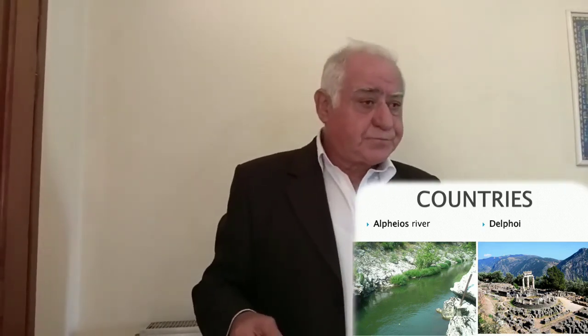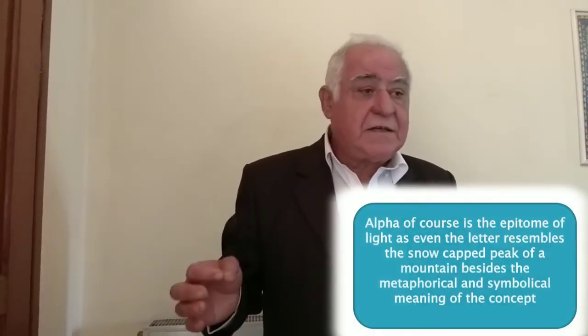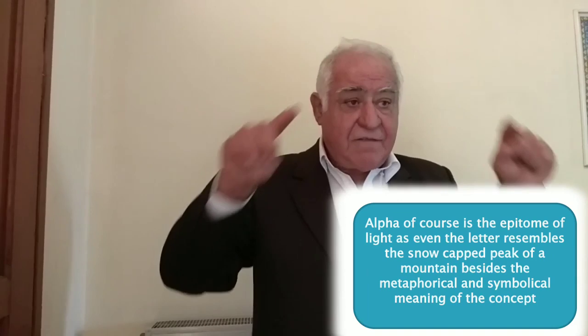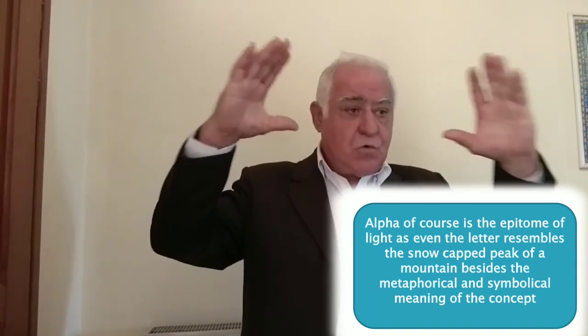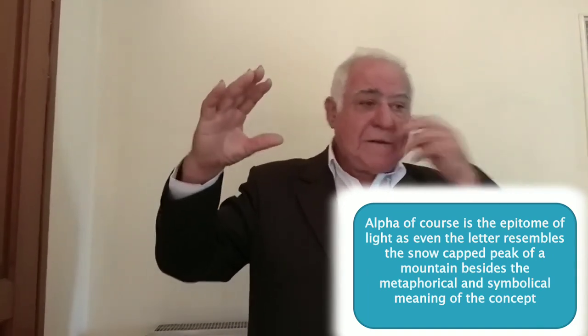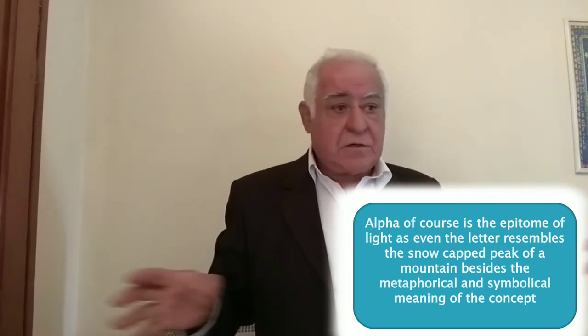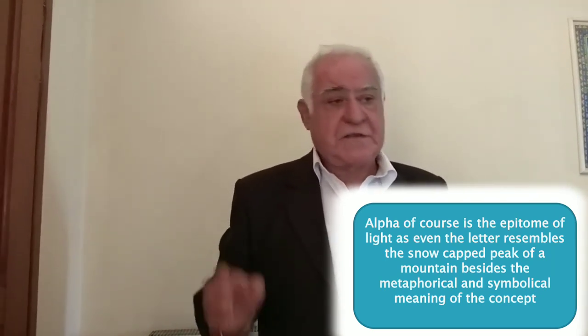And then Alpha, of course, is the epitome of light, as even the letter itself, the Alpha, resembles the snow-capped peak of a mountain, besides the metaphorical or symbolical meaning of the concept.